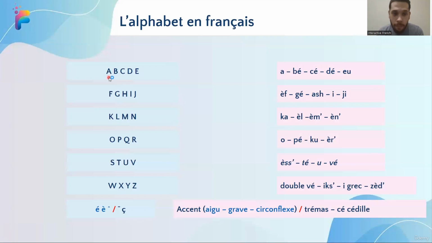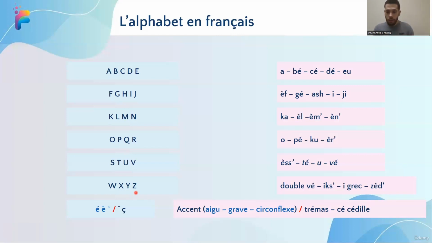So we got A, B, C, D, E, F, G, H, I, J, K, L, M, N, O, P, Q, R, S, T, U, V, W, X, Y, Z. I also suggest you, for additional revision, try to find those baby songs that sing the alphabet in French, and that shall be pretty easy for you then to just remember the alphabet.